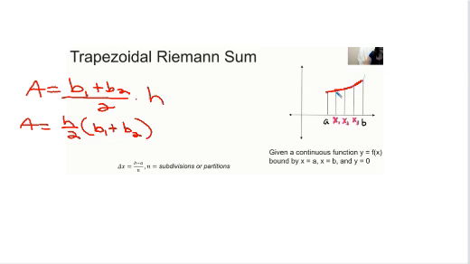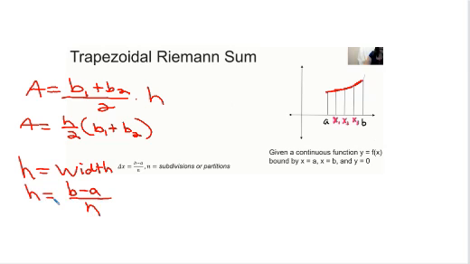So what we have to do here is average the bases. The nice thing is the height is going to be my width of each rectangle. And we know how to find that. The width is b minus a divided by n that we've been doing.